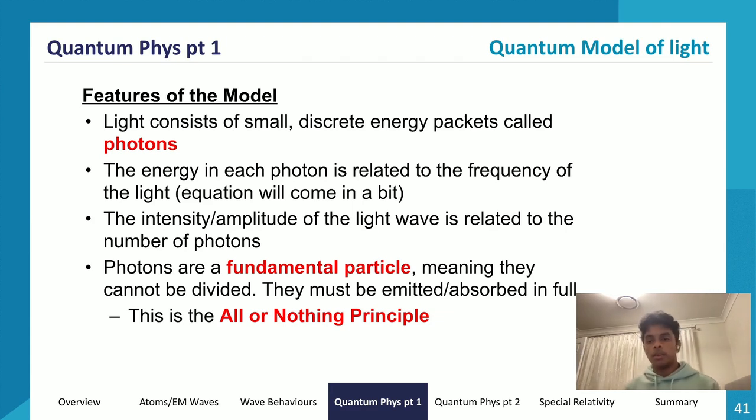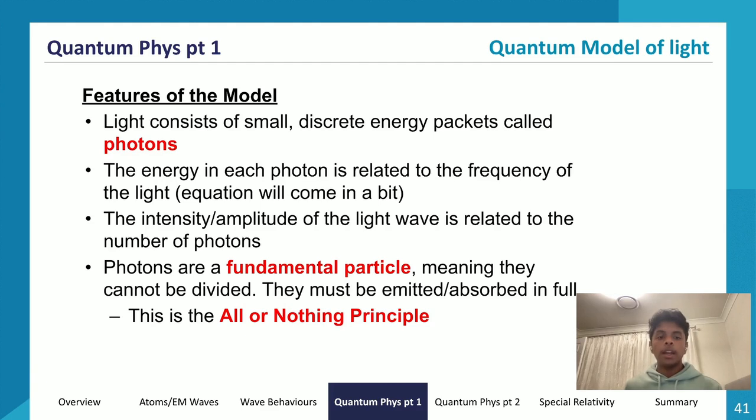The wave model predicted that it would slow down. So if you think back, Foucault, with his rotating mirror contraption, which is the fourth person we talked about for historical models of light, tested this theory. He measured the time taken for light to travel through air and then through water for a certain distance. And he found that light would take a longer time to travel through water than through air.